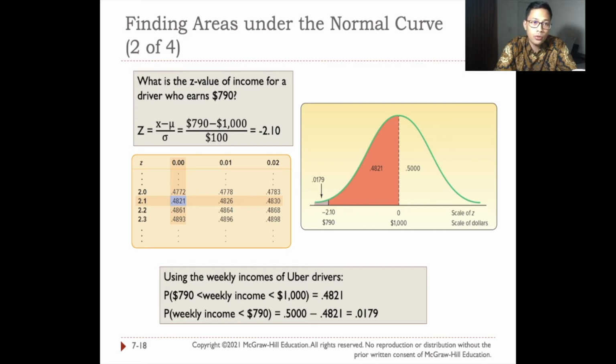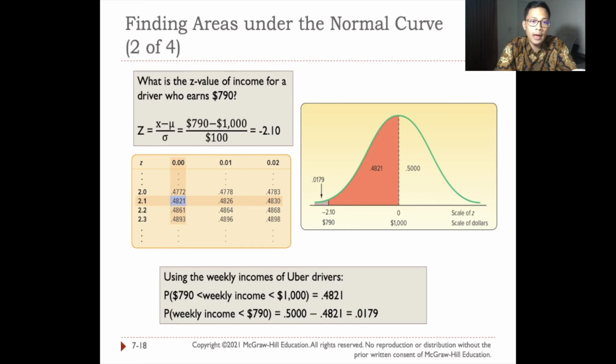You can go to the z table, and first you have to recall that the absolute z value is going to be the same. So irrespective of whether it's on the right, plus 2.1, or to the left, negative 2.1, the probability or the area under the curve is going to be similar.